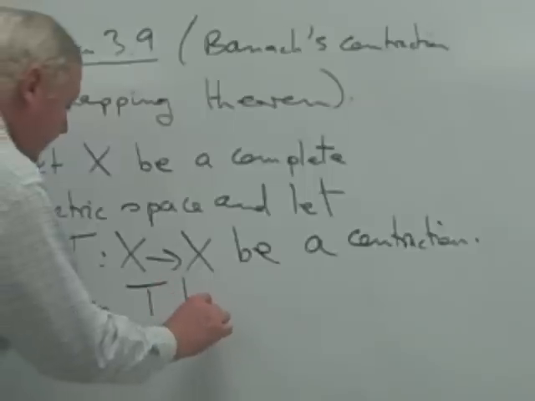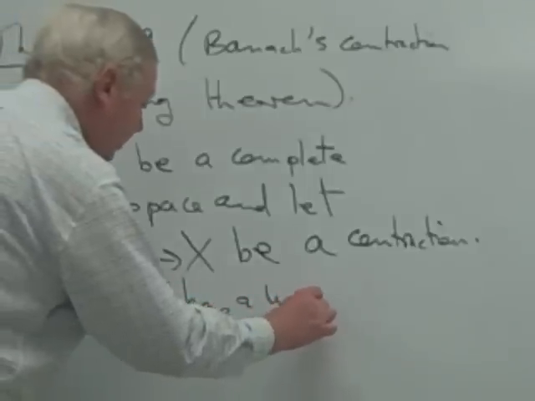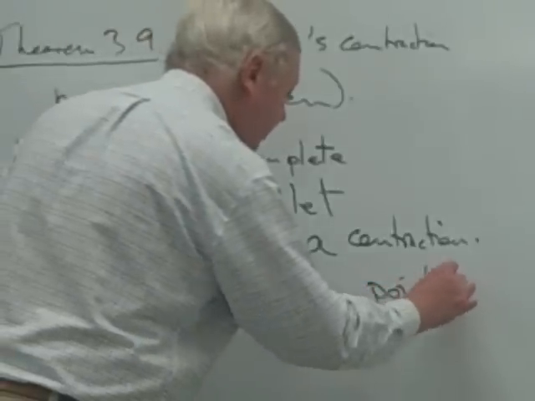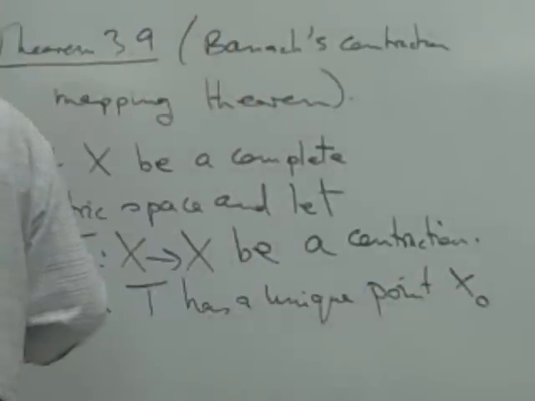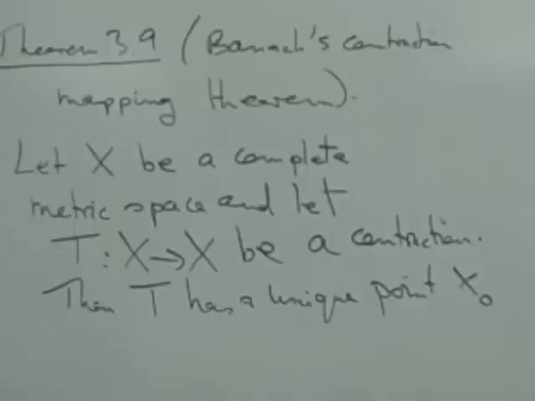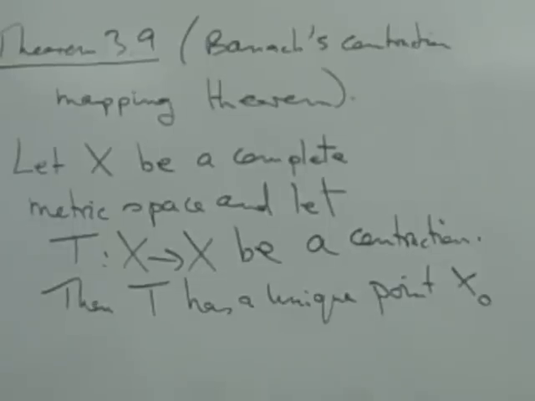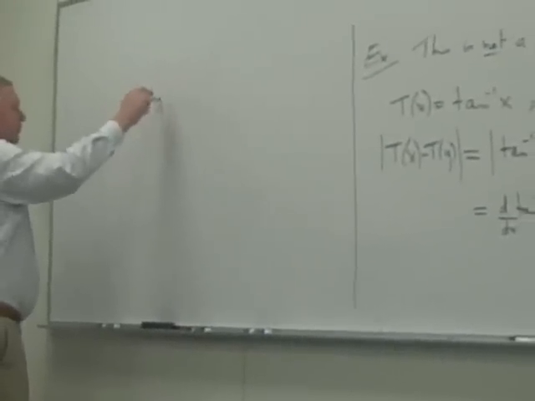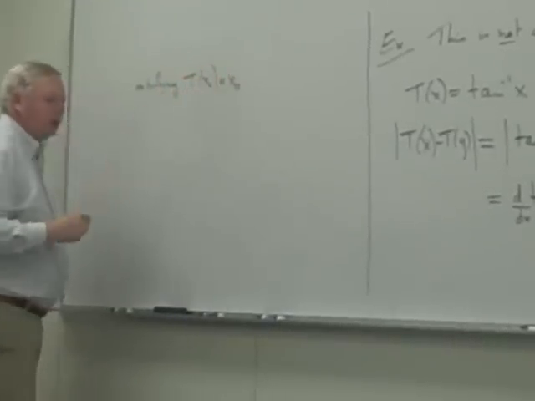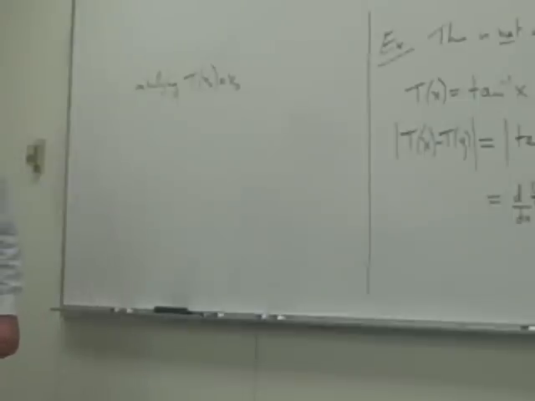Then T has a unique point x0 satisfying T of x0 is equal to x0. This is called a fixed point for a function.